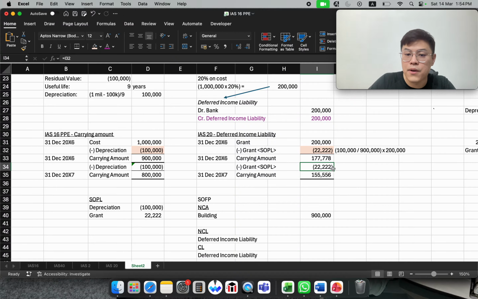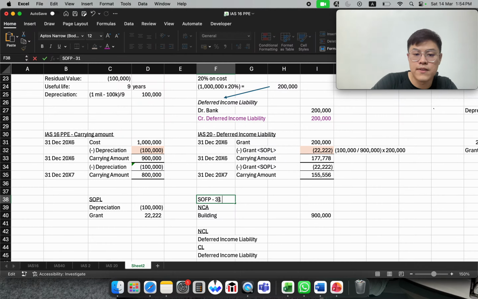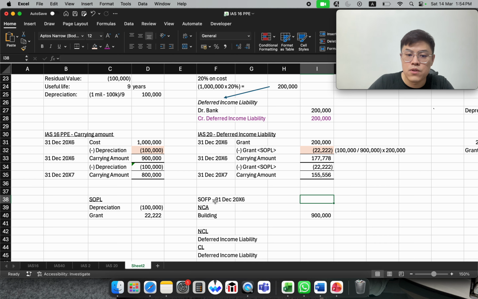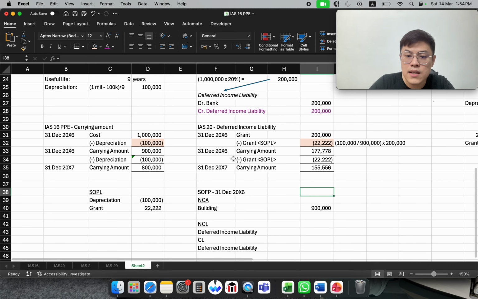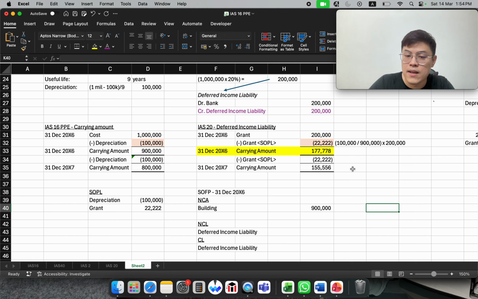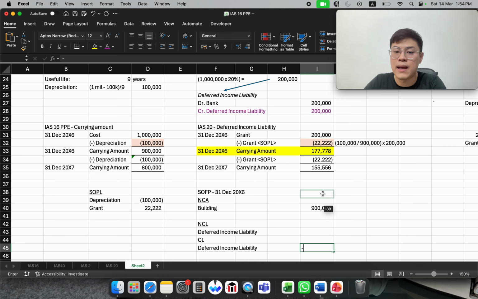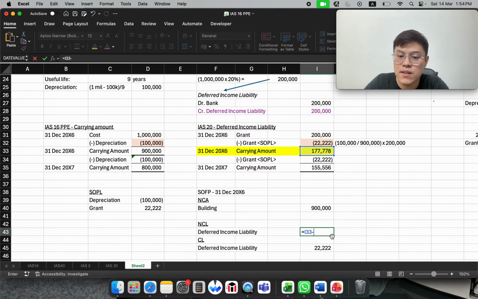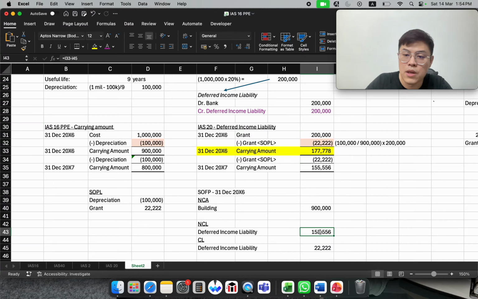Next year, you are going to release, if you are standing in SOFP at 31st December 20x6, as of 31st December 20x6 you have total liability of 177,778. So this 177,778, 22,000 you will release next year. So it is a less than 12-month liability. Therefore, this is your current liability. And the remaining portion, which is 177 minus this 22,000, will be your non-current liability.